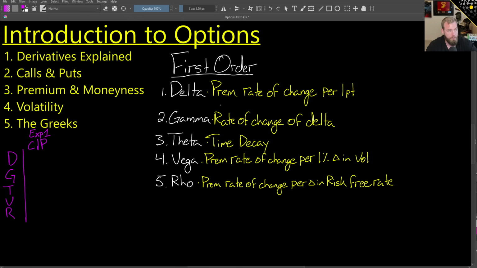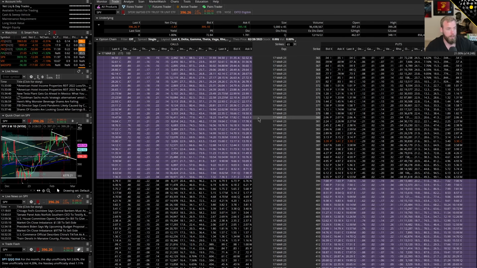So delta is the premium rate of change per 1 point move in the underlying. If we come over here and take a look at calls first, and we go to delta, this has a delta of 50. This means that for every $1 move in SPY, $1 up, we're going to make 50 cents on the premium.